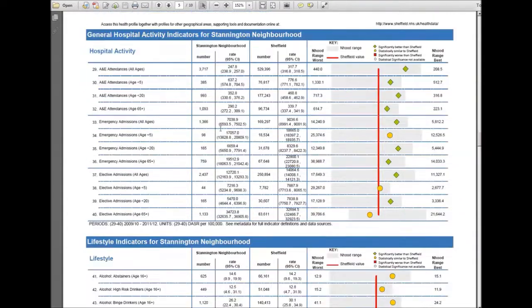I'll scroll down a bit more. Now the next box gives you an idea of hospital activity, things like rates of people getting admitted through A&E, getting admitted as emergency admissions, or coming in for elective procedures.